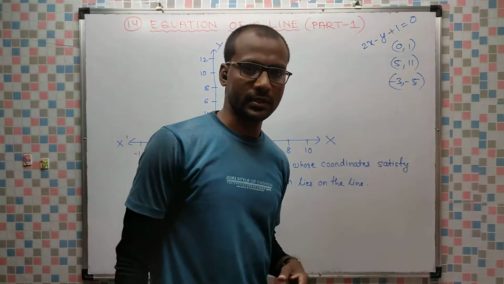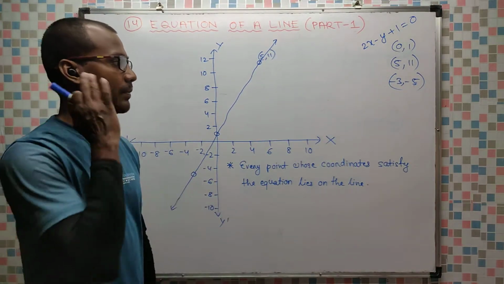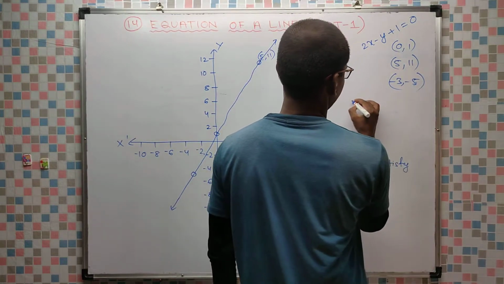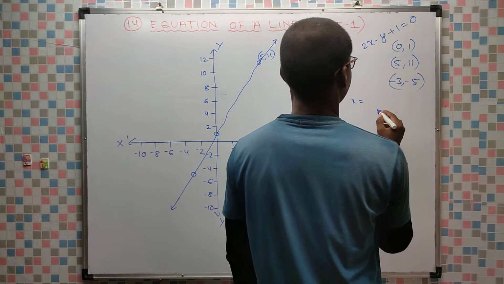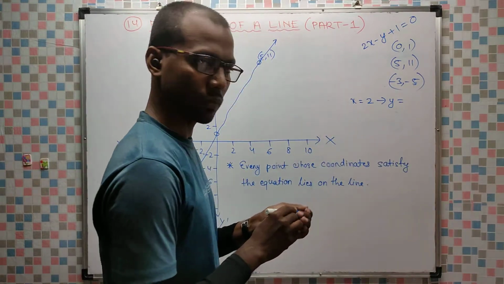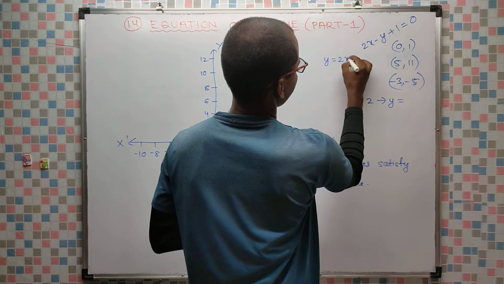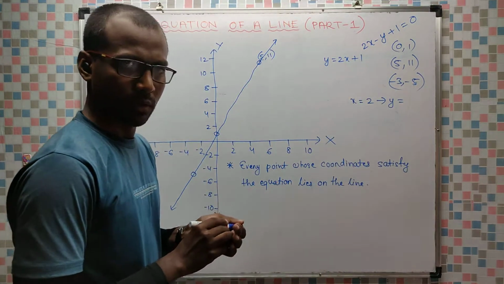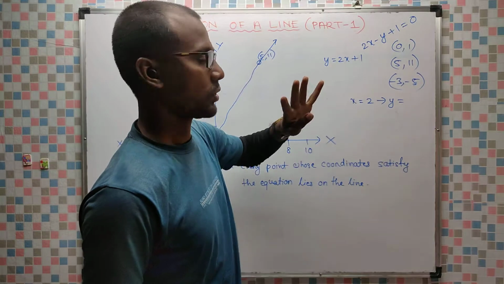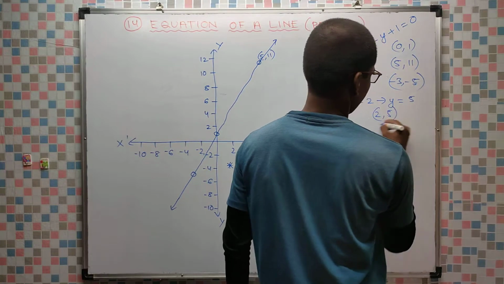Here I have taken 3 points whose coordinates satisfy the equation, and these 3 points lie on the line. Now suppose I take one more point, x is equal to 2. Then y will be, we had got y equals 2x plus 1. So 2 into 2, that is 4, 4 plus 1 that is 5. (2, 5).